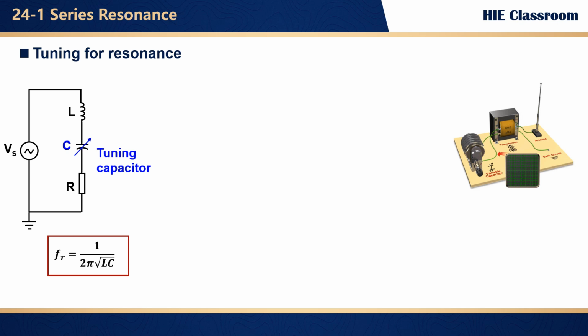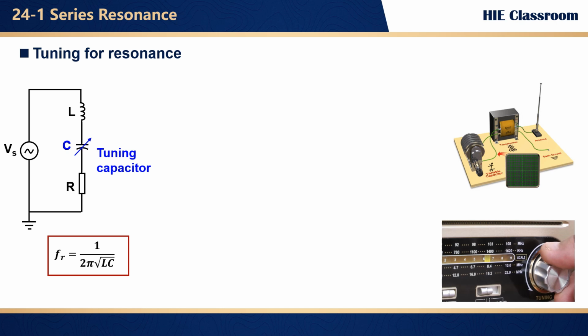But to listen to a specific station, you'll need to tune the circuit to resonate at that station's frequency. That's where we get the tunable capacitor C. It's like the dial on an old-school radio. When you adjust C, you are changing the resonance frequency of the circuit to match the station you want. Once you hit that perfect spot, a resonant voltage builds up across the capacitor. That signal gets sent to the rest of the radio.